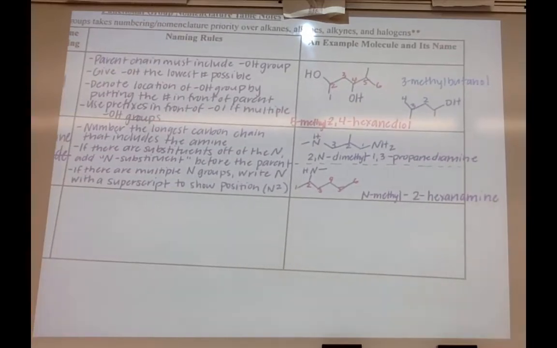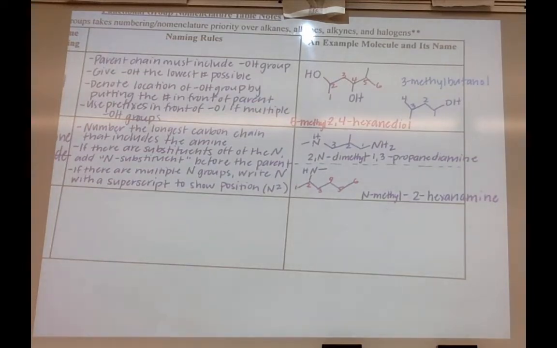Now, amines are one of the lowest priorities in terms of being the parent chain. Before we're completely done, we are going to look at what it would be named if it were a substituent instead. We see amines as substituents more often than as the parent chain.